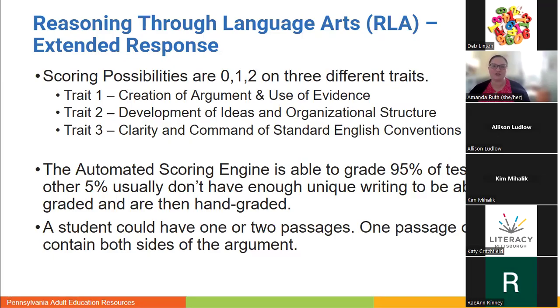After each individual trait gets their grade, they take the 3 grades and add them together. So that means if a student got a 0 on trait 1 and trait 2, but a 1 on trait 3, when they take those, add them up and average them out, they're going to end up with a 0 because they didn't get enough points overall.